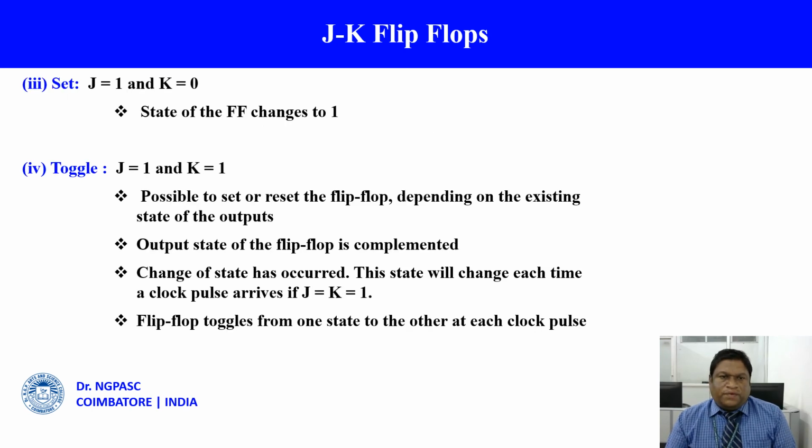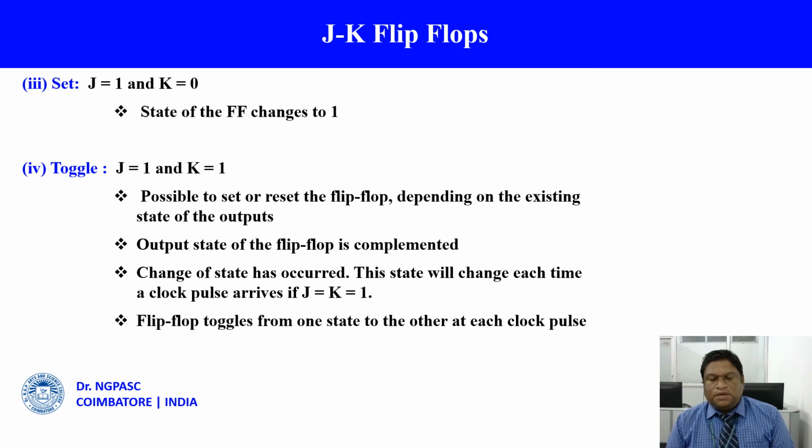And when we have J equal to 1, that is a set state, and K equal to 0, the state of the flip flop changes to 1. And there is a new state called the toggle state, which happens in the JK flip flop. So what is happening when J equal to 1 and K equal to 1? You will have a toggle state, which means depending upon the edge triggered clock input, the Q output will keep on changing.